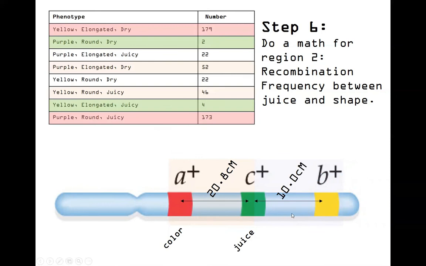So we've actually started mapping these traits where you can see the distance between them, remembering that in general a larger genetic distance, a larger recombination frequency, centimorgan, or map unit, is loosely going to translate to the actual physical distance when we think about nucleotide sequence.